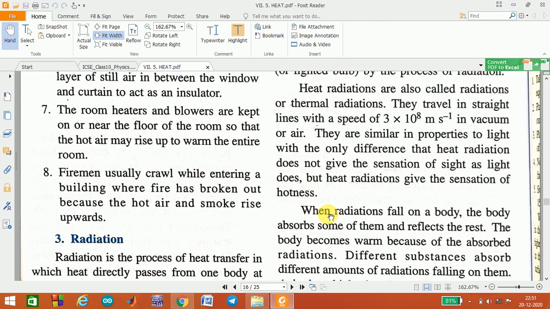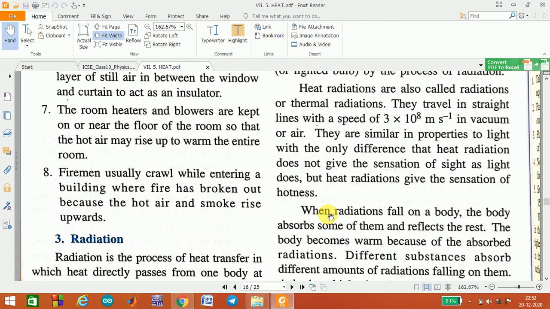They are similar to light in their properties, with the only difference that heat radiation does not give the sensation of sight as light does, but heat radiation gives the sensation of hotness. So this is the basic difference between light and heat.